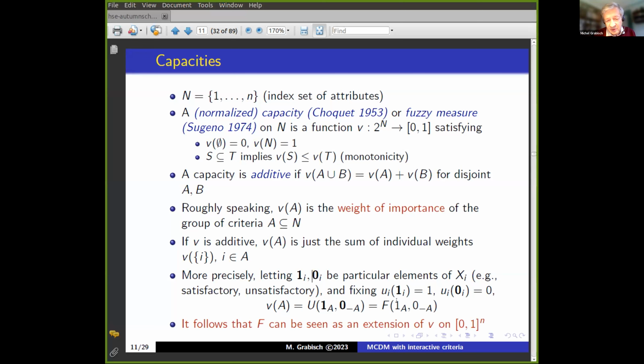What are these vectors? Simply the vertices of the hypercube of dimension n. So in other terms, supposing that V is a known function and F is an unknown function, then F can be considered as an extension of V on the whole hypercube. So for this reason, it makes sense to look at extensions.